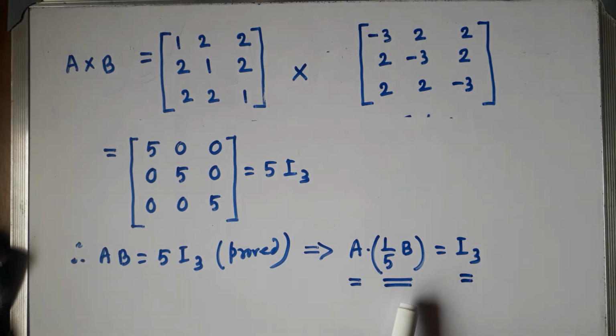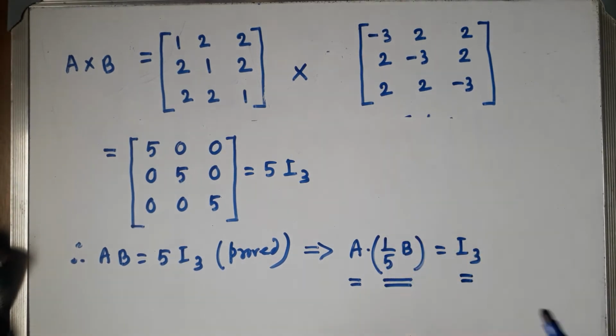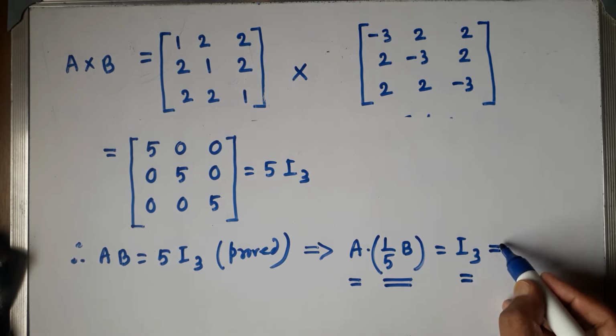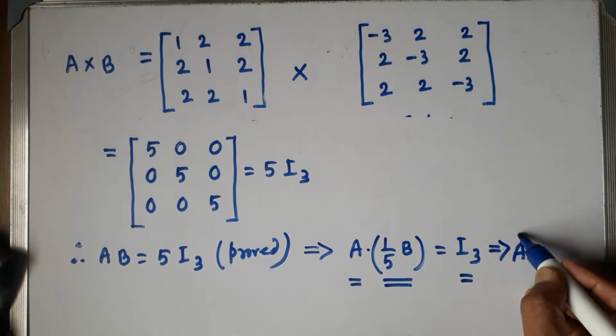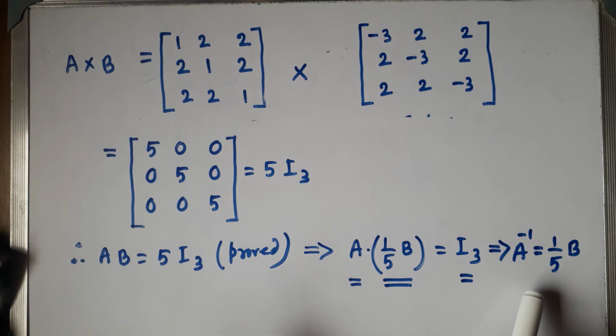That means this matrix is A inverse. So A inverse is equal to 1 by 5 times B. We shall use A inverse to solve this system of equations.